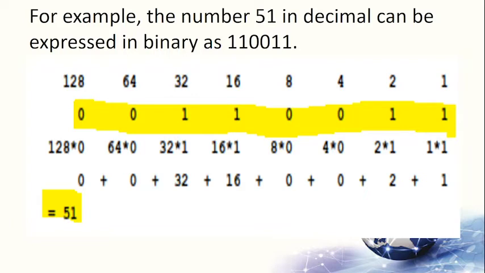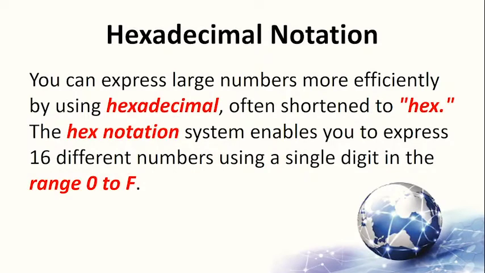Thus, the second column is worth twice the first. For example, 1, 2, 4, 8, 16, 32, 64, 128, 256, and so on and so forth.